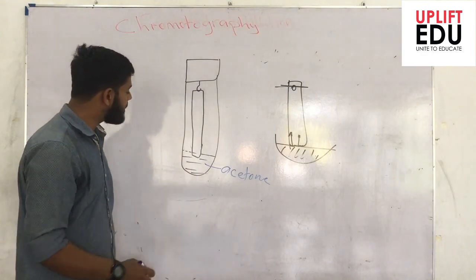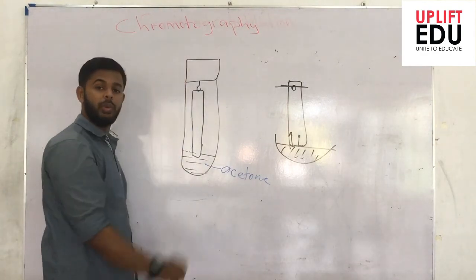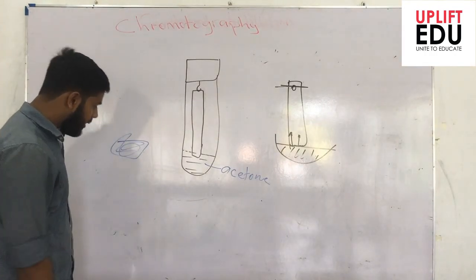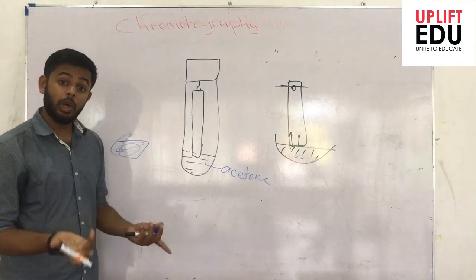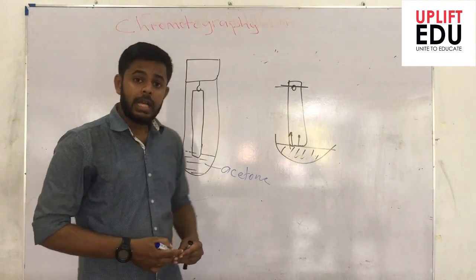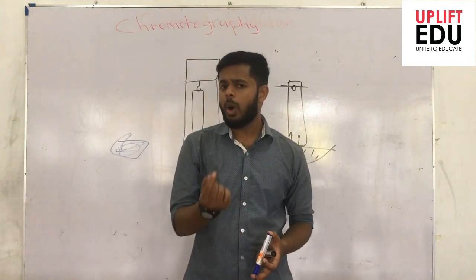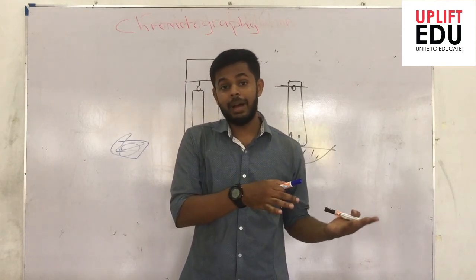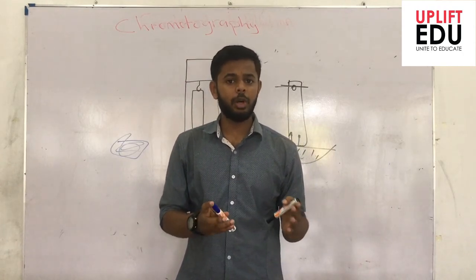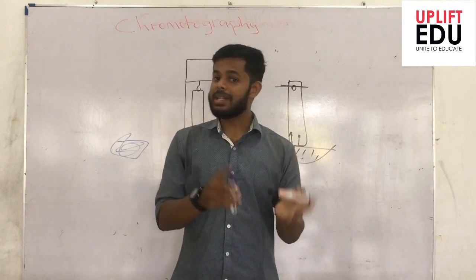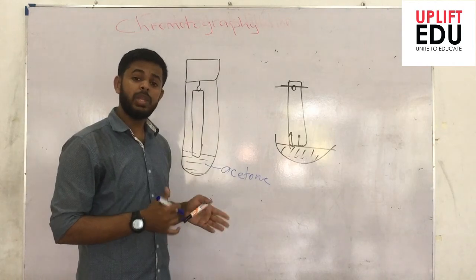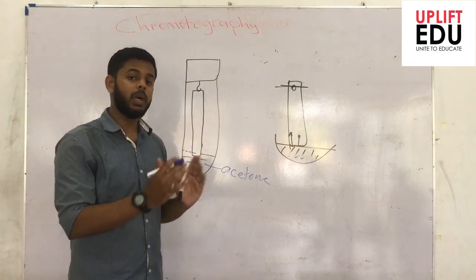Okay, so what happens is the solvent will start moving up. When I have a mixture, let's say chlorophyll. You might have heard about chlorophyll. This chlorophyll is a small organelle present in the plant leaves. In grade 10 biology, you would have heard about what is the organelle, what is chlorophyll, and all, right? This chlorophyll is a mixture which contains different color components in it.